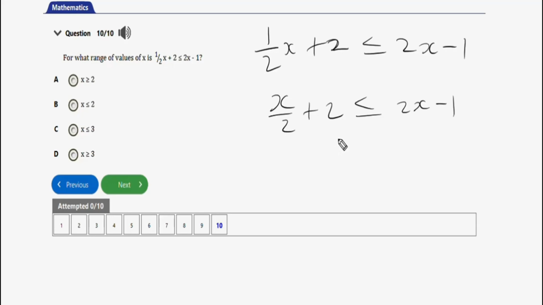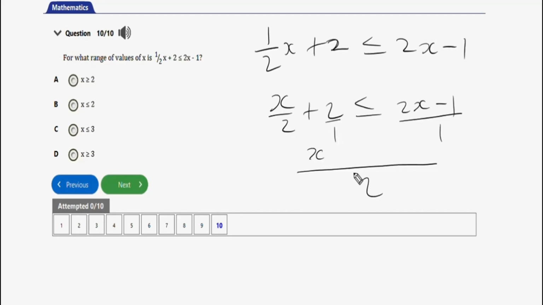So we want to make x the subject of the formula, right? Because of this fraction here, let's find the LCM. So LCM here is 2. 2 into 2 is 1 times x is x.